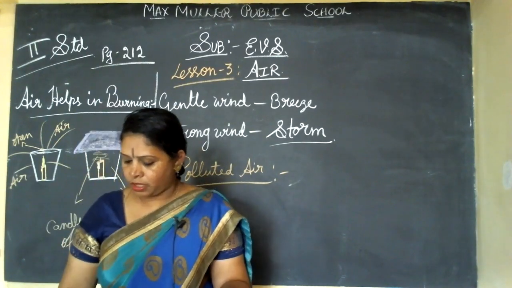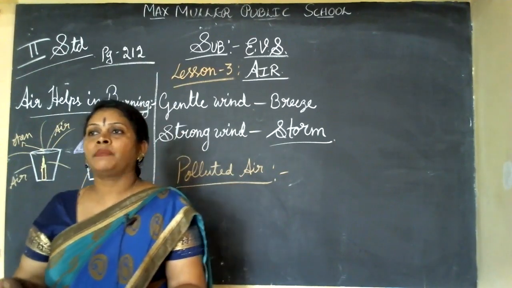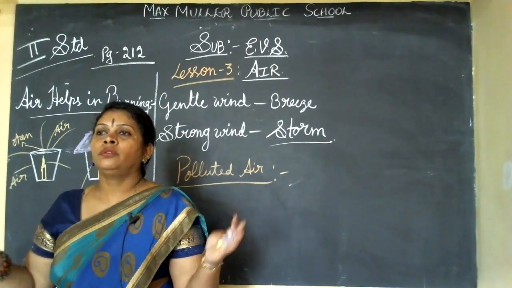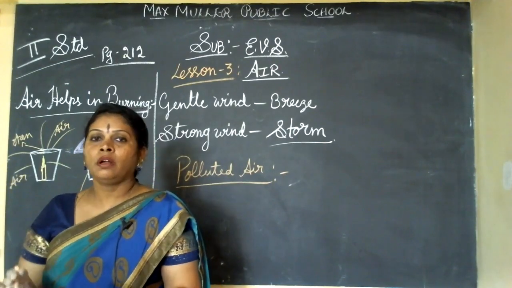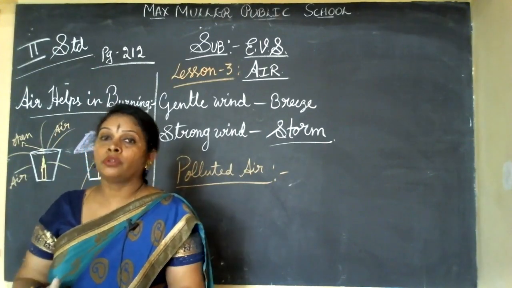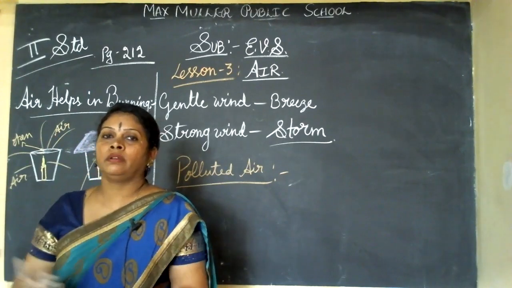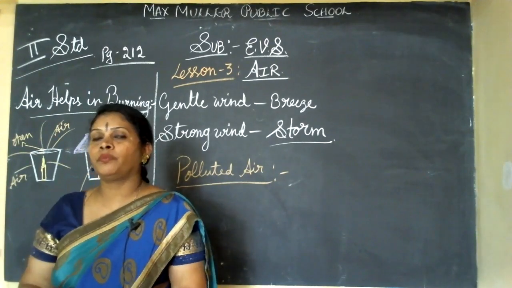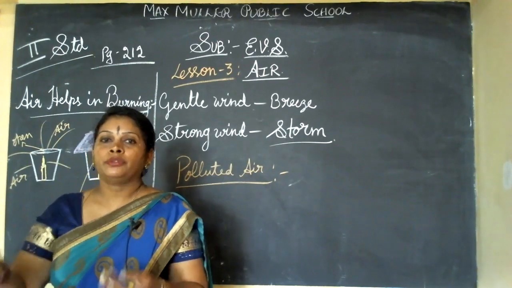Okay, we should keep the windows open to let in fresh air. In a house, the doors and windows should not always be closed. When necessary, of course, for safety, you need to close the main door, but see that the windows are open most of the time, so that sunlight and fresh air can come in.